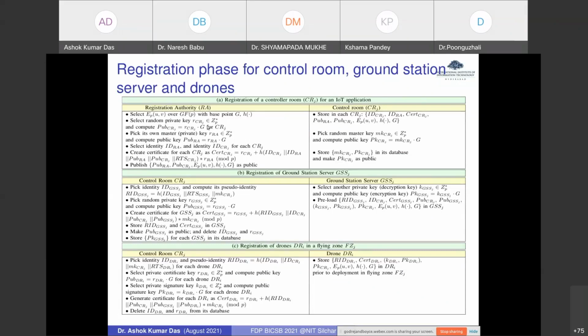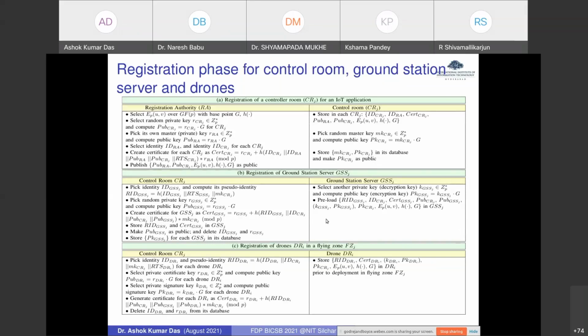It will also select the private-public key pair, and it will create a certificate, and the certificate is generated only by the registration authority, known as the RA. Then this information is made public and stored in the control rooms. After that, the control room will pick a master key and its own master public key pair, and they will be stored in its database.